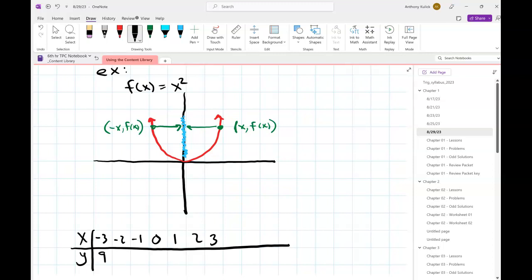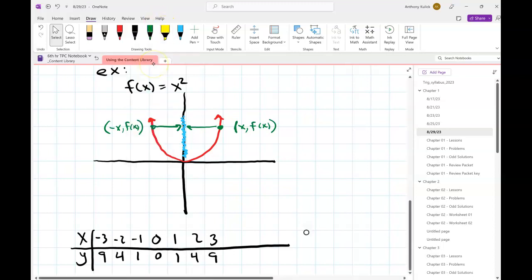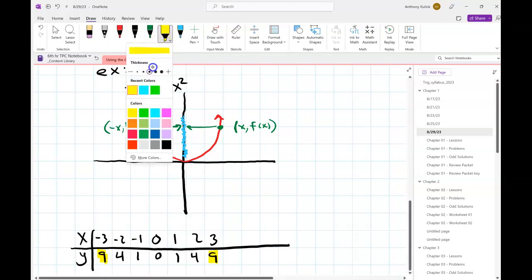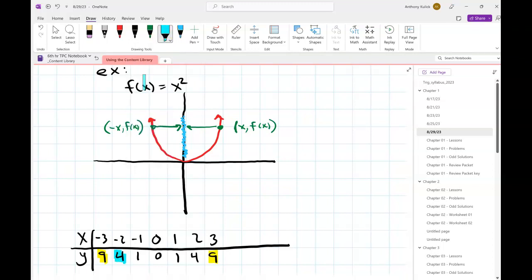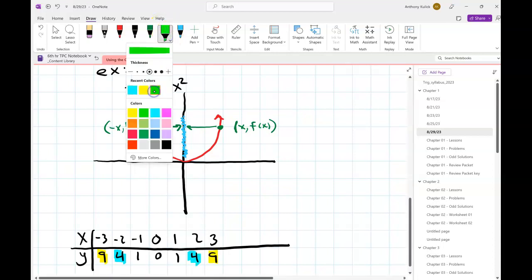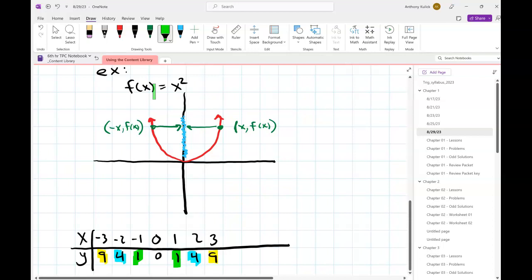Well, I would notice that on either side, like 3 and negative 3, both give the same y-coordinate. For each y-coordinate on the right side of my function, there's a matching y-coordinate on the left side of my function.